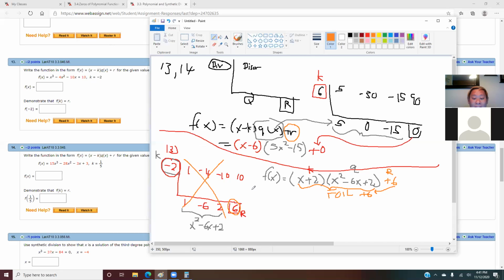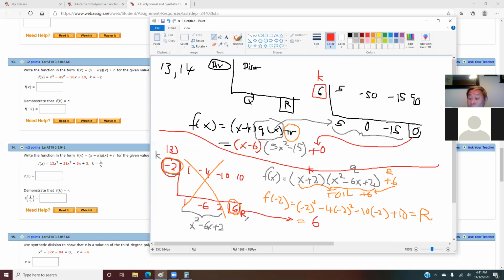Since your k is -2, you put f of -2 inside, which is -2 cubed, minus 4 times -2 squared, minus 10 times -2 plus 10. If you put this k, the one that you divide with, into your x here, you will always get back your remainder. In this case, 6.